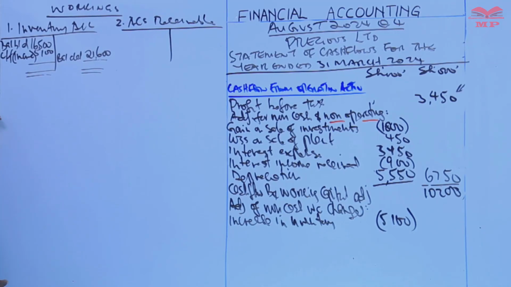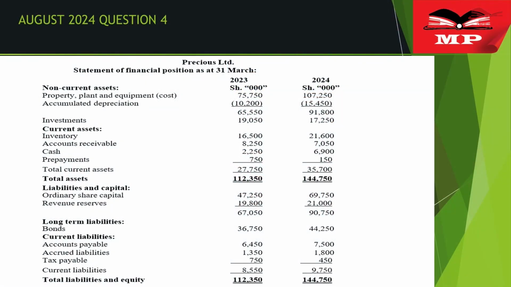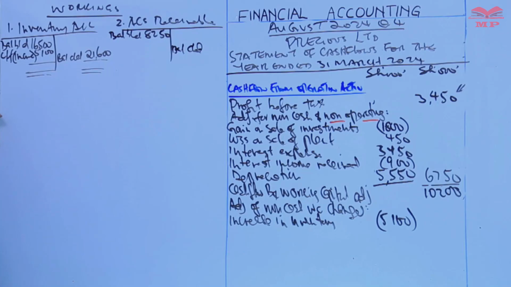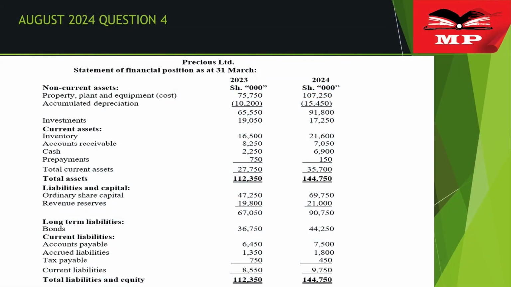What is the balance at the beginning? Balance brought down 8,250. What is the balance carried down, the balance at the end? The balance at the end is 7,050.